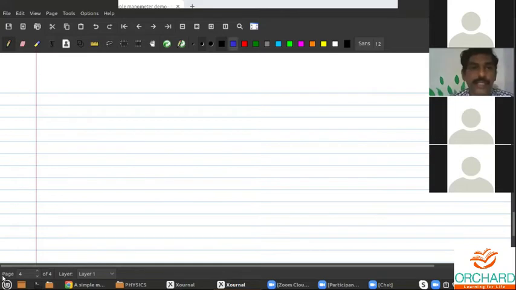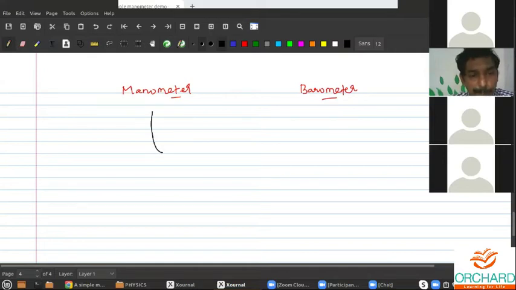One thing is the manometer. A manometer is an instrument, as is the barometer. This manometer uses a U-shaped glass or plastic tube.